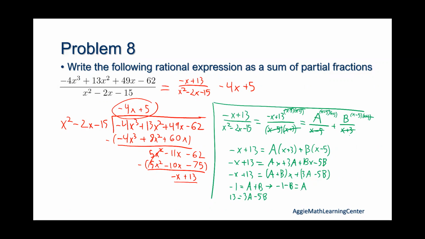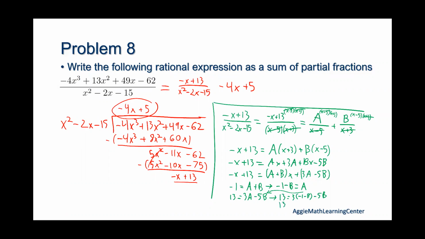Now we're going to substitute that in down here. So that's going to give us 13 equals 3 times negative 1 minus b, and then minus 5b, which I'm running out of room.